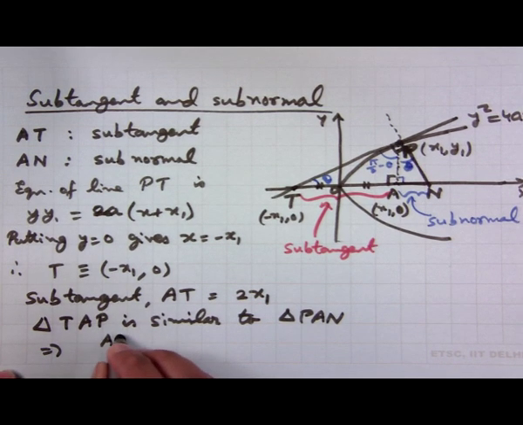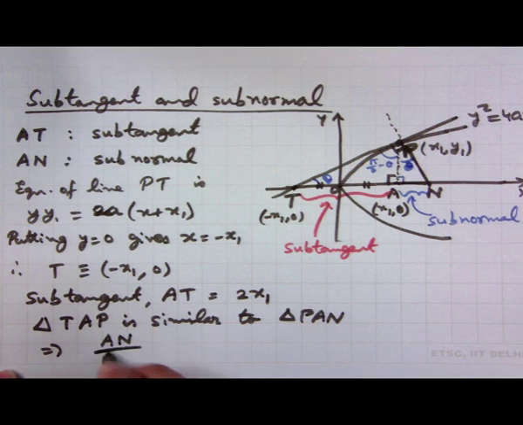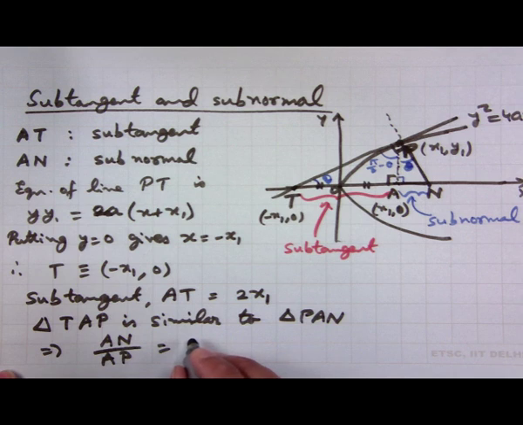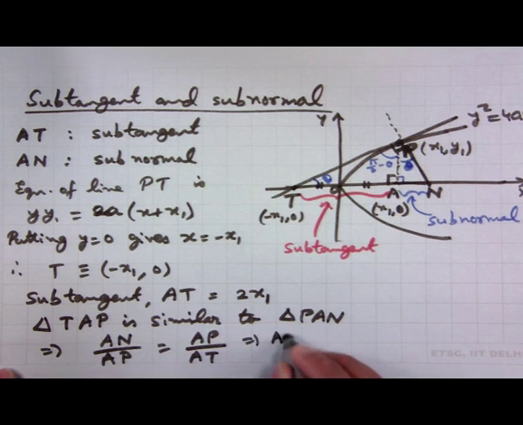if I write AN divided by AP, this is same thing as AP divided by AT. In the similar triangles, we know that the ratios are the same. So, this implies AN equal to AP square by AT.